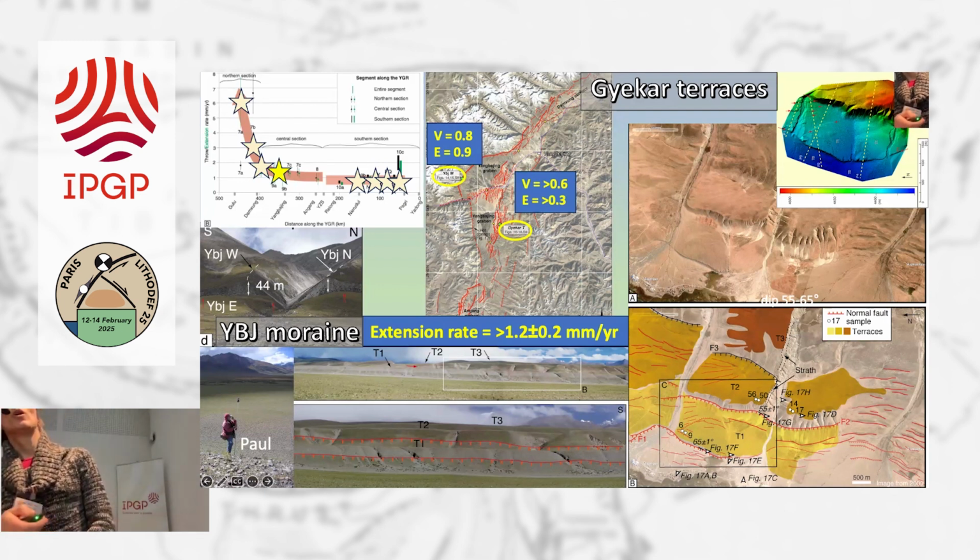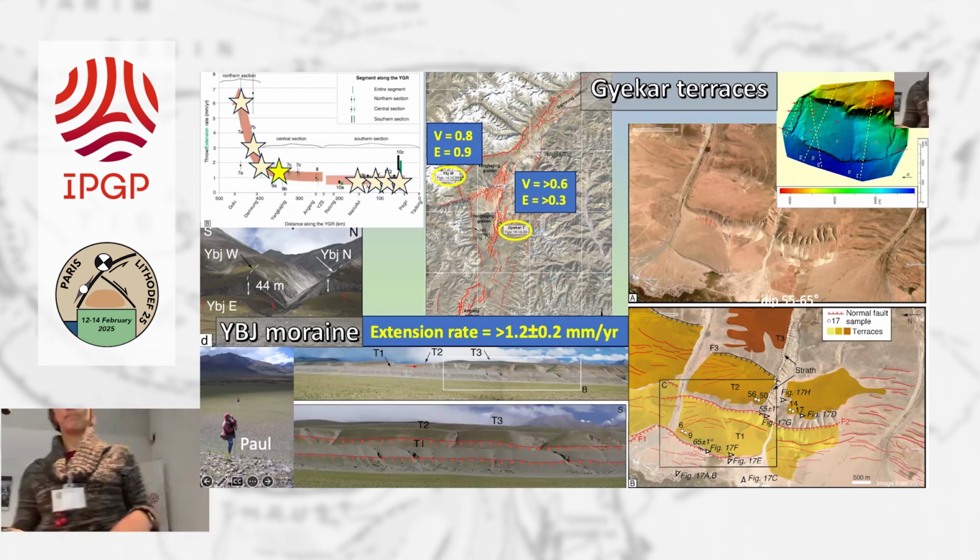You see here, Paul holding the total station to measure the different offsets. And on the eastern side, we have numerous faults that cut these alluvial fan surfaces and vertically offset them like a staircase topography. So if we combine the rates, the extension rates at these 2 locations, we get about 1.2 millimeters per year.